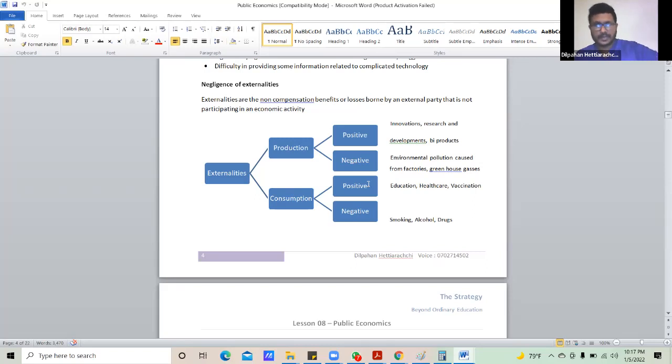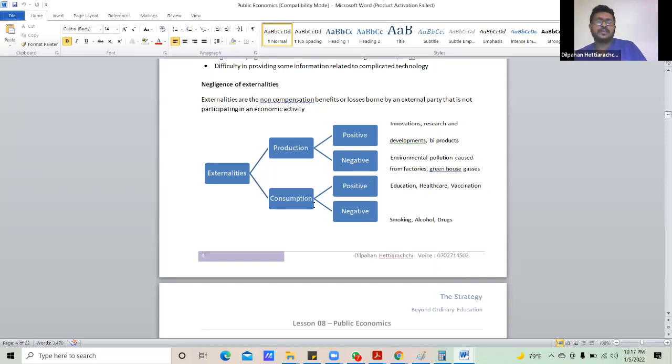So if there is some loss, the market economy doesn't care about it. And if there is a benefit, that also they don't care about. So in both situations, it's a problem. So government should get involved and ensure that they are recognizing all the costs and all the benefits, right? So that's about externalities.